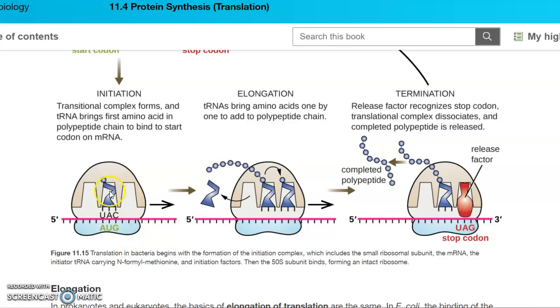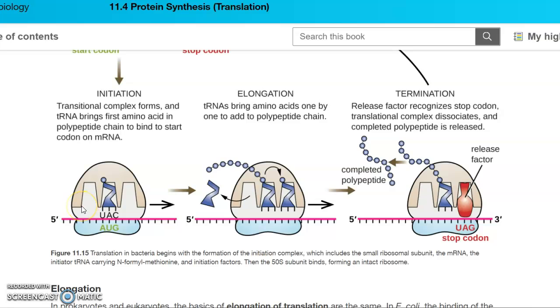The large and the small subunit of the ribosome clump together, and the tRNA brings in that first amino acid. That's initiation. So we're going to have methionine.